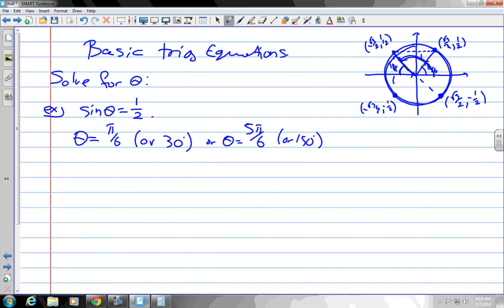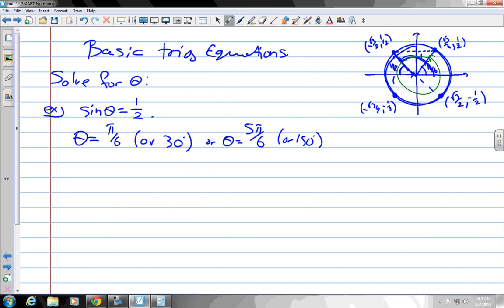So is there only two? I can keep going. What if I rotate another 360 degrees? 390 degrees and so forth.